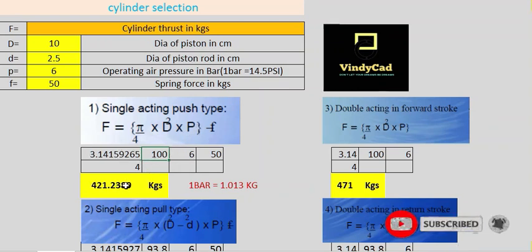It comes in kgs. The result of this calculation is in bar only, but there is not much difference between bar and kg, as 1 bar equals 1.013 kg only, so you can consider it directly as kg. This is not an issue. It is 4.421 kgs for single acting push.